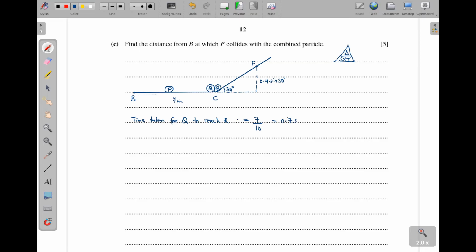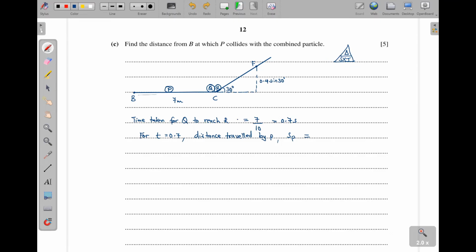Now, for this T which is equal to 0.7, where is P? Okay? The distance traveled by P, the SP on that horizontal track, how do you get distance? It is speed times time.